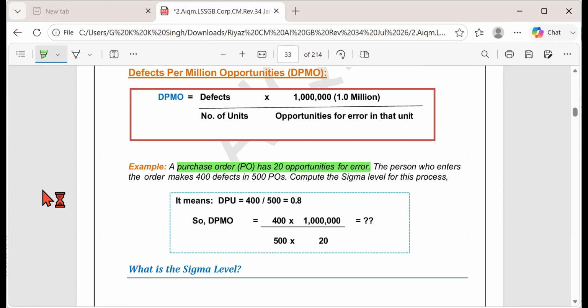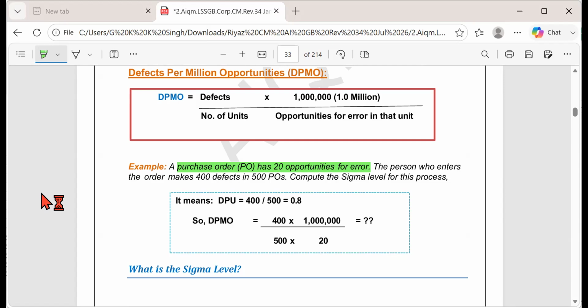So there are so many details which are entered while typing in a purchase order. So here we are saying that the typist can make 20 defects. So those are 20 opportunities for error.